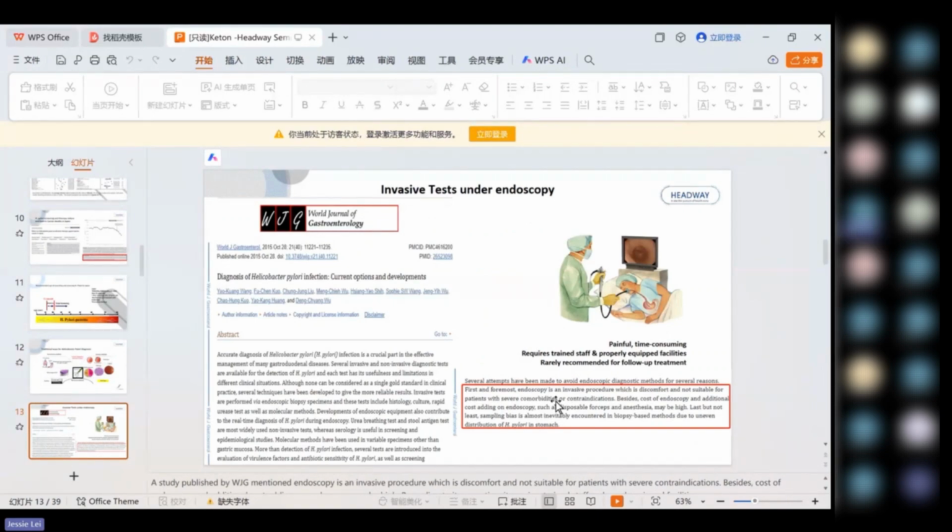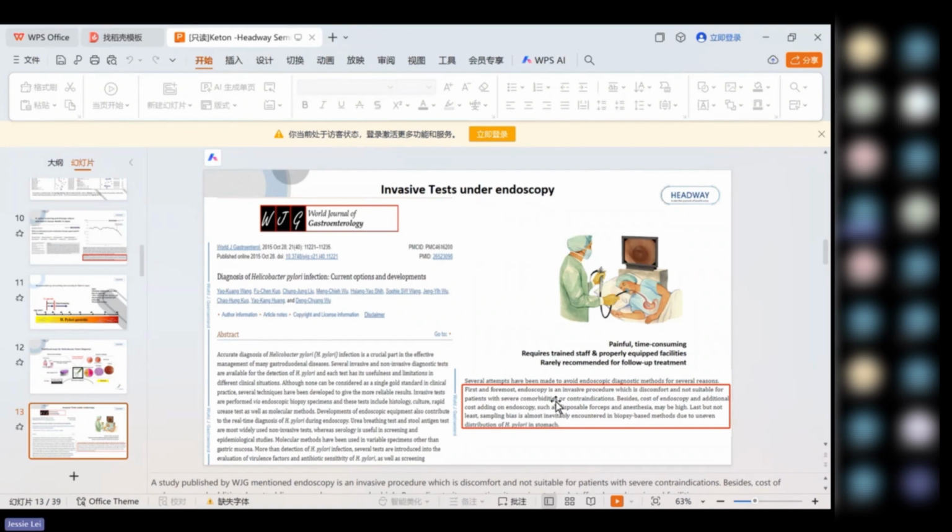A study published by WJG, World Journal of Gastroenterology, mentioned that endoscopy is an invasive procedure which is uncomfortable and not suitable for patients with severe contraindications. Besides, the cost of endoscopy and additional costs added on to endoscopy may be high.